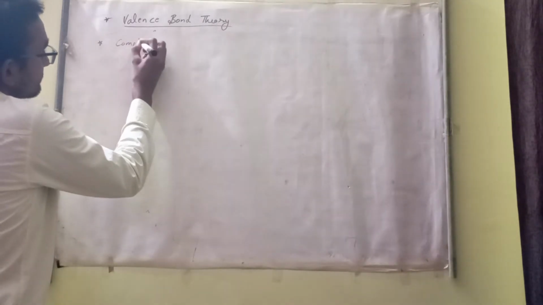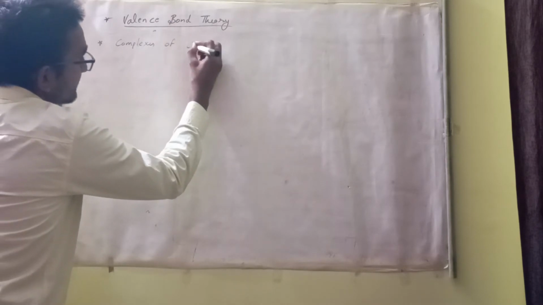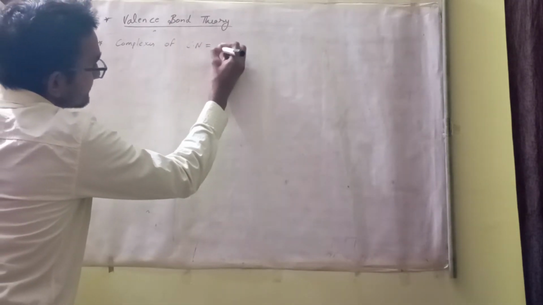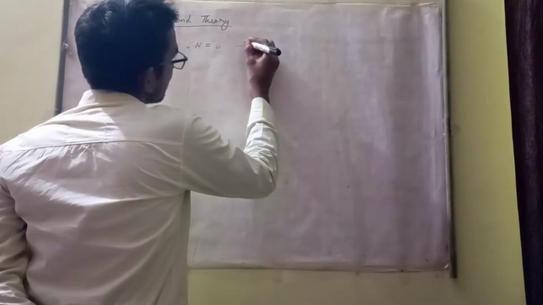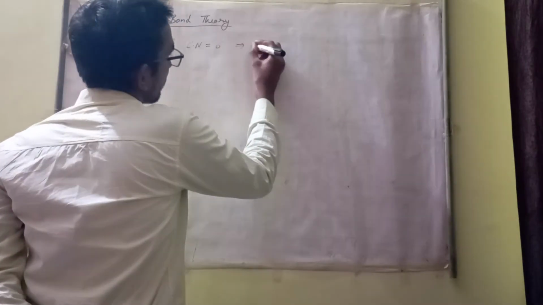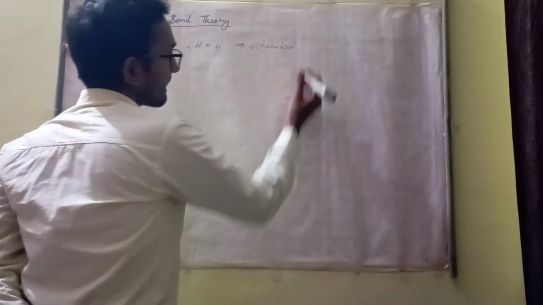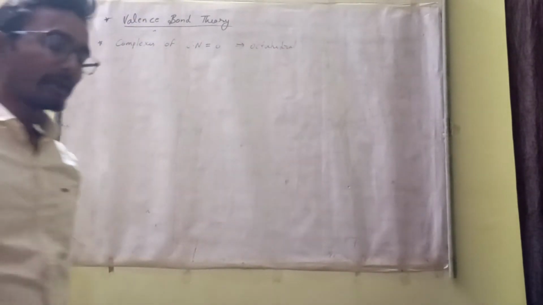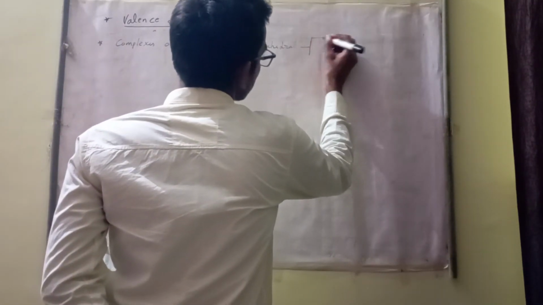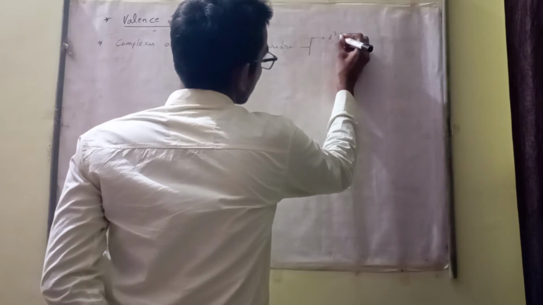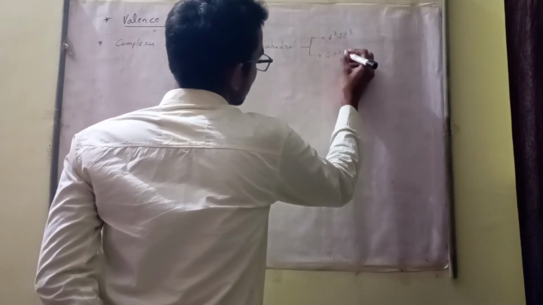Complexes of coordination number 6. If coordination number is 6, that means the geometry is octahedral, and it is outer orbital or inner orbital, and the hybridization is d2sp3 and sp3d2.